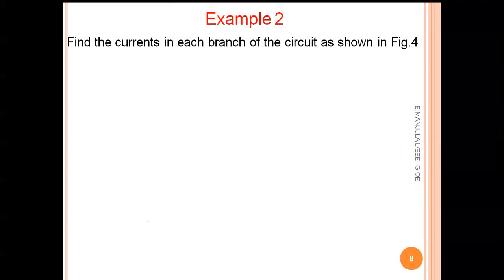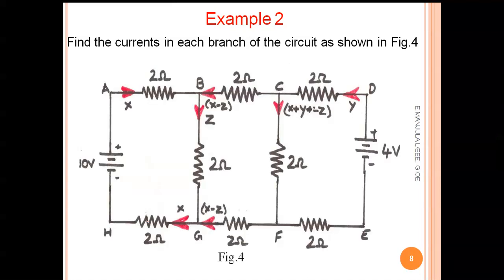Okay. Now we will go to the second example. Seems to be complicated. When we see the network, you will feel it might be complicated, but when you solve it, it will be very interesting. So find the currents in each branch of the circuit given. So this is the circuit given.